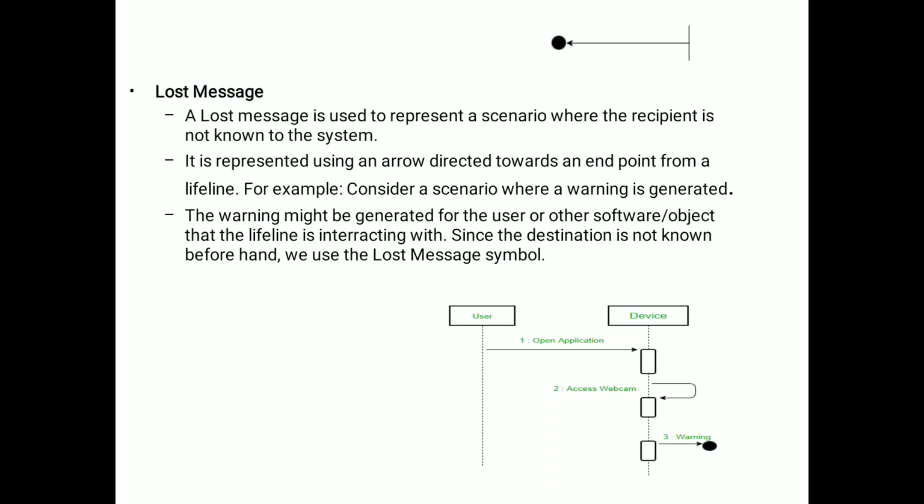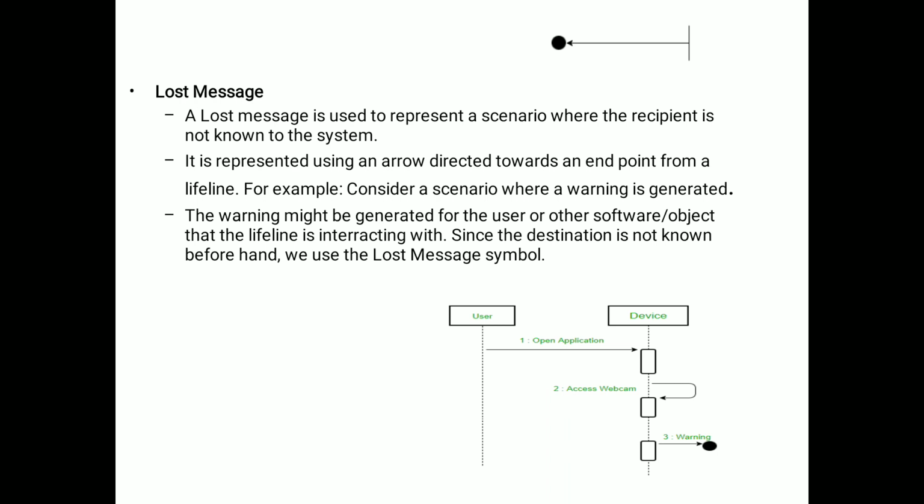It is represented using an arrow directed towards the end point from a lifeline. For example, consider a scenario where a warning is generated. The warning might be generated from the user or other software or object that the lifeline is interacting with. Since the destination is not known beforehand, we use the lost message symbol.